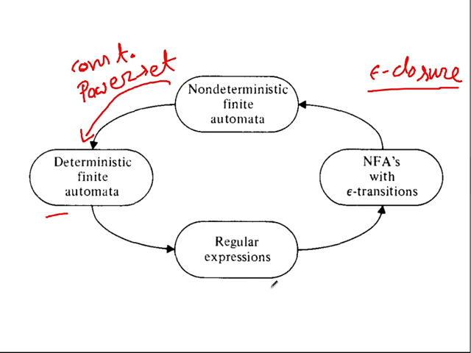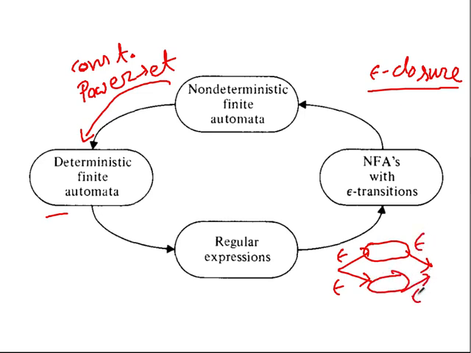So if you have concatenation, then you have some machine here, then this machine and this machine.